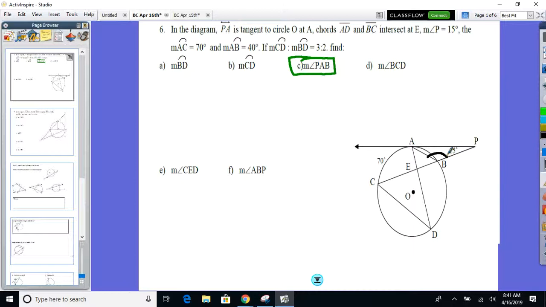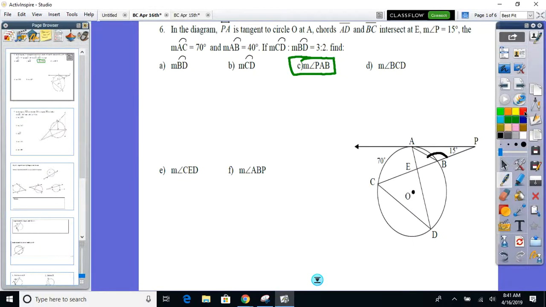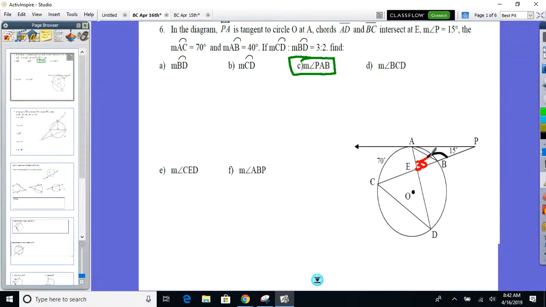Look at the angle next to it. What type of angle is next to it? We know this angle. What is it? That's inscribed. How do I find an inscribed? Half the arc, which is 70. So I take half of 70, I get 35. And what's the relationship now between these two angles? Linear pairs, they're supplementary. So I can do 180 minus 35.